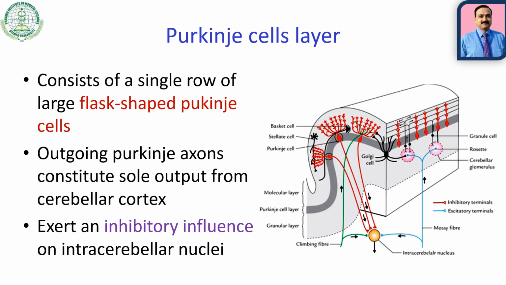They exert an inhibitory influence on intracerebellar nuclei. So you can see here these axons are the output from the cerebellum, and while going outside, they have inhibitory influence on intracerebellar nuclei, or these are called deep nuclei.